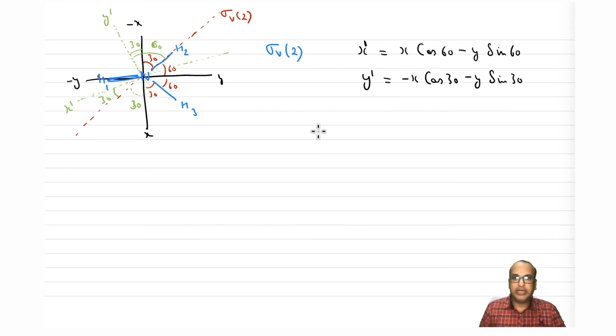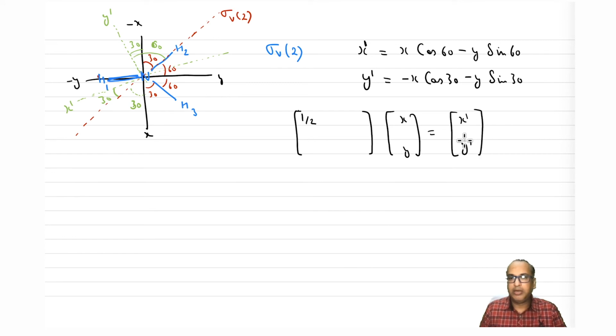So if we want to write this whole thing in matrix form, we can say that cos 60 will be equal to 1 by 2, and let's write down x y, which changes to x prime y prime, similar to what we did for rotation, right?